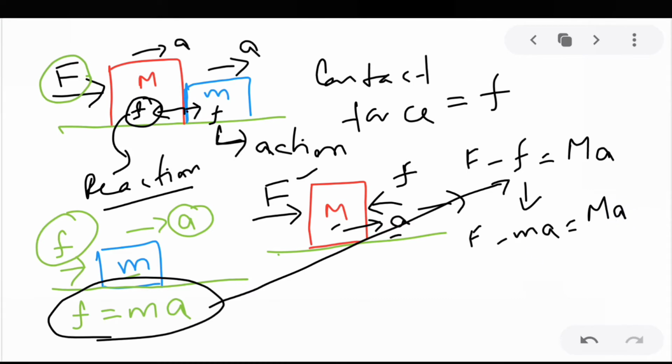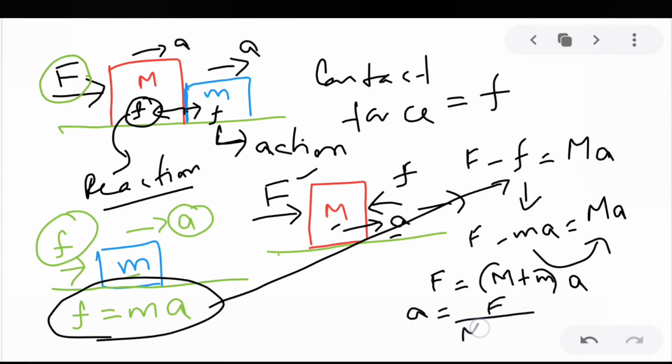If we take this to the other side, it becomes F is equal to M plus m into a. That gives a is equal to F divided by M plus m. So this is the acceleration, and now we have the expression for acceleration.